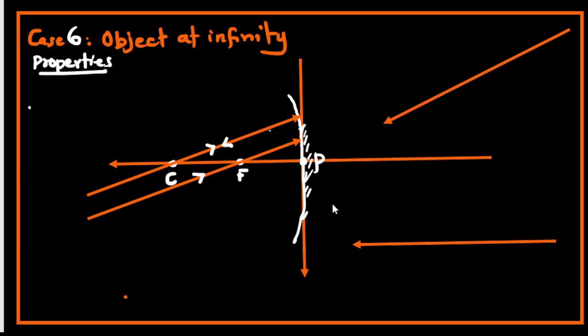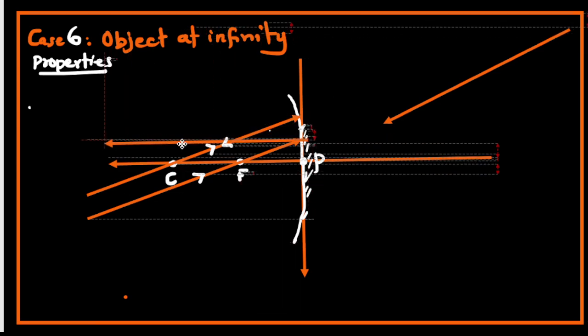Maybe back to the mirror. I expect it to say parallel to the principal axis. That's rule 2. A ray that passes through the principal focus should go parallel to the principal axis after reflection, right? Okay, so that's what you should do. So I'll draw a ray that passes through this.